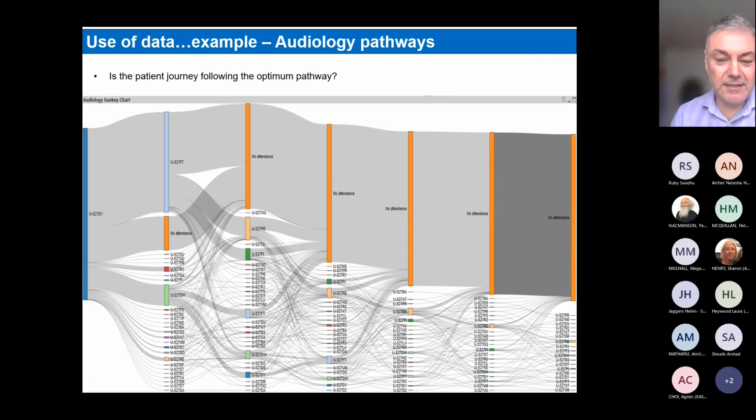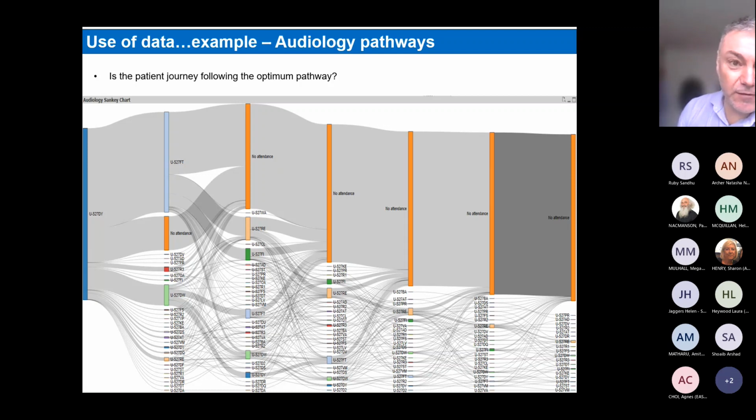So audiology basically said that they had a fairly simple pathway, which this definitely isn't, and that was that a patient should come in for an assessment, a hearing assessment, and then following that hearing assessment, they should go to a fitting clinic, a DWAX clinic, or they don't need to come back. So there were basically 3 routes that they were expecting to see after that first block on the left hand side.